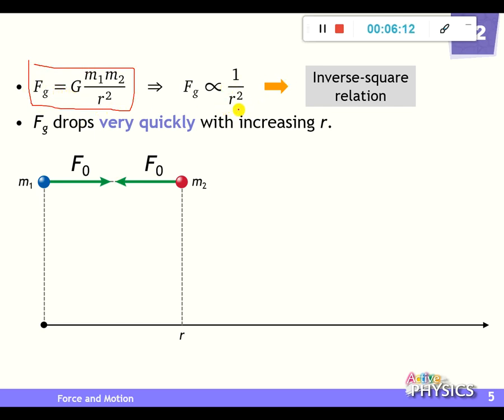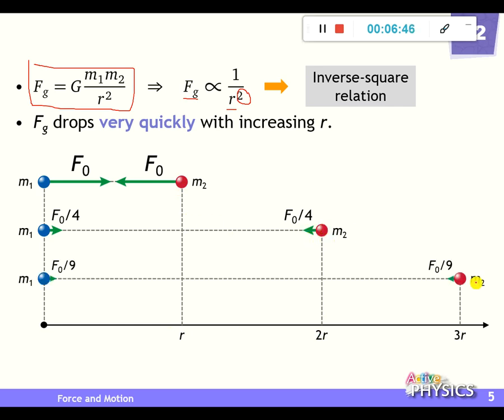Look at this. The greater the distance, the greater the separation between two objects, the smaller the force. And it drops very quickly because of the square in r. Look at this diagram. If initially the separation between them is r, and I increase the separation to 2r, you can see that the force is not half, but a quarter of it.